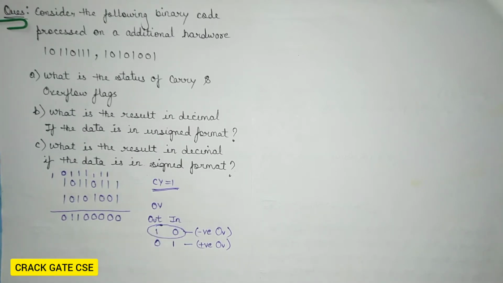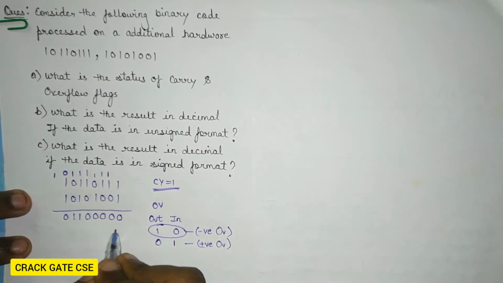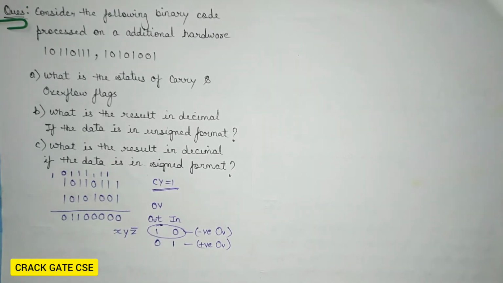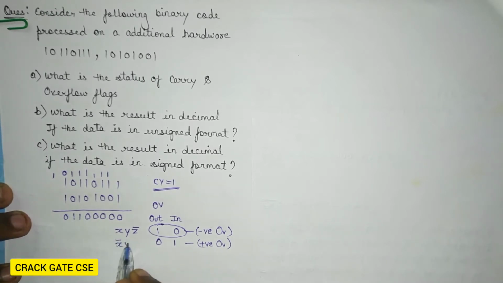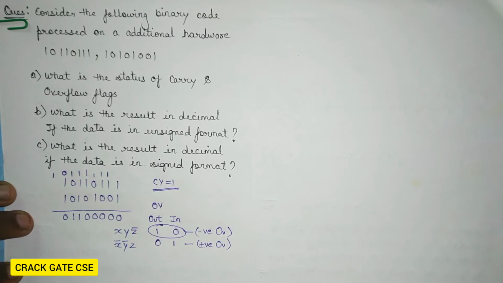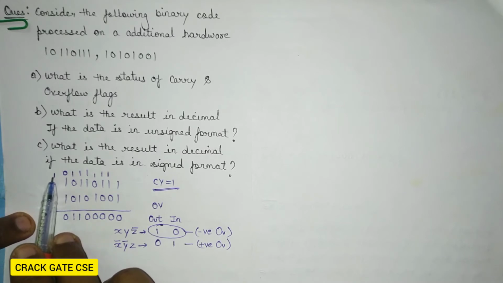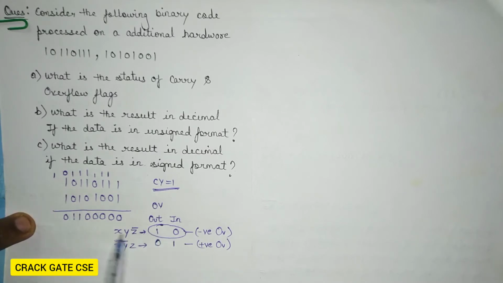So we can say that it is a negative overflow. And how can we find out the condition for negative overflow? I already explained that if the output is in the form X Y Z bar, then it is a negative overflow, and if it is X bar Y bar Z, then it is a positive overflow. Here we are getting a negative overflow because the out carry is 1 and in carry is 0, so the equation will be X Y Z bar.